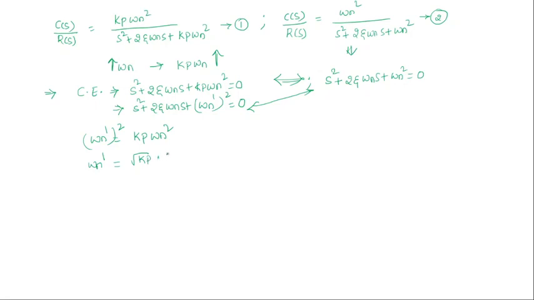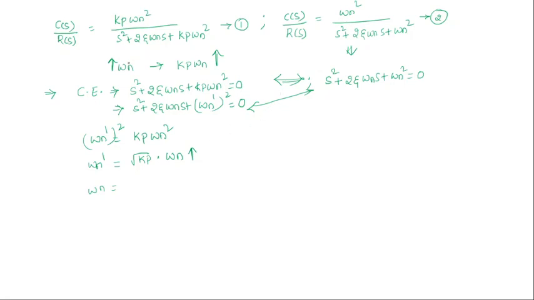What you are getting is omega n dash equal to root Kp into omega n, which means omega n equals omega n dash by root Kp. So from this equation, I can say that the omega n value is increased compared to the normal system.